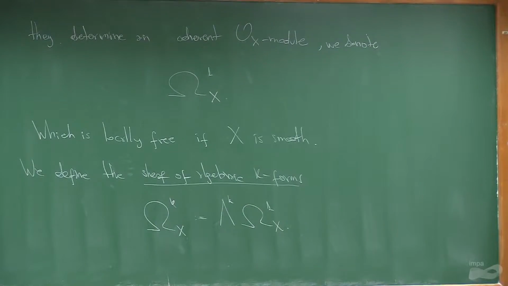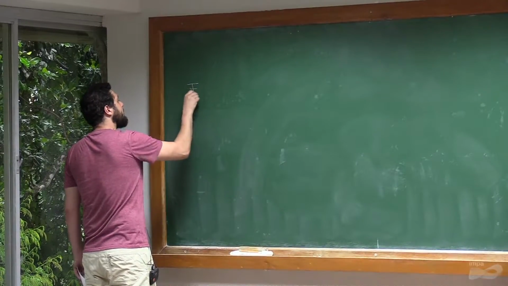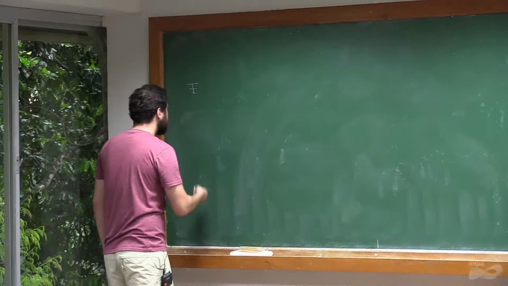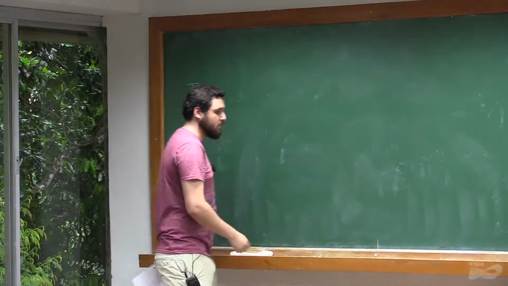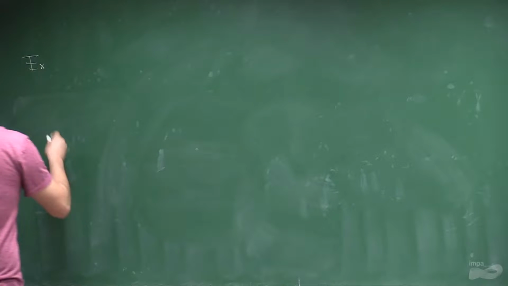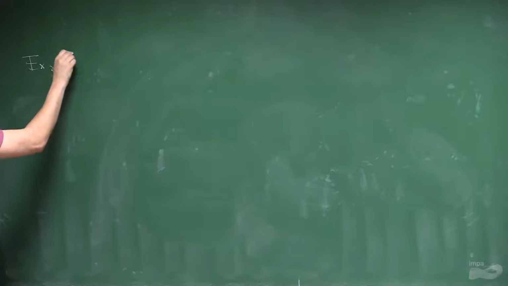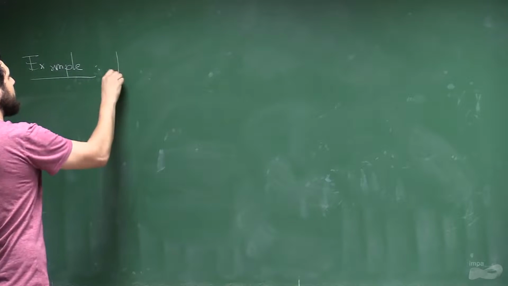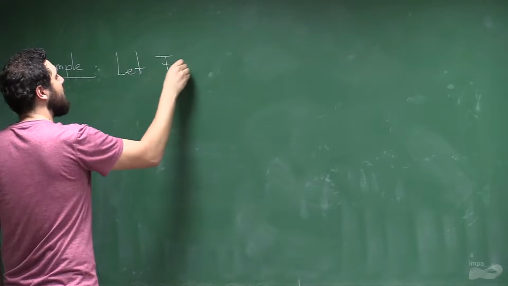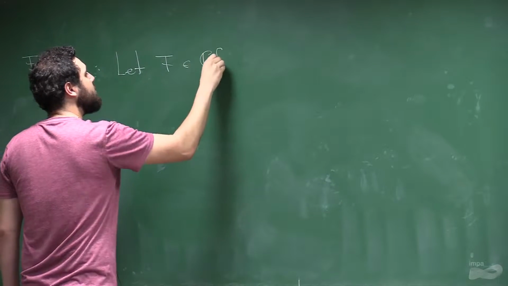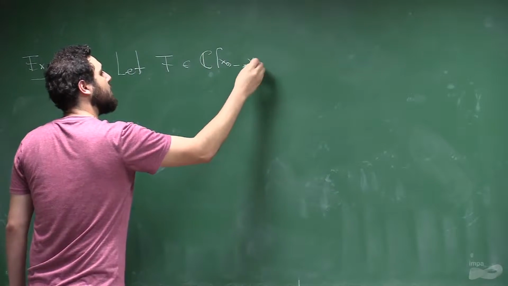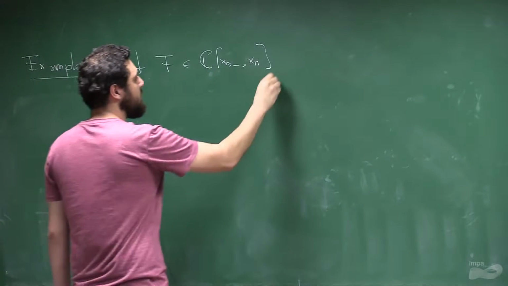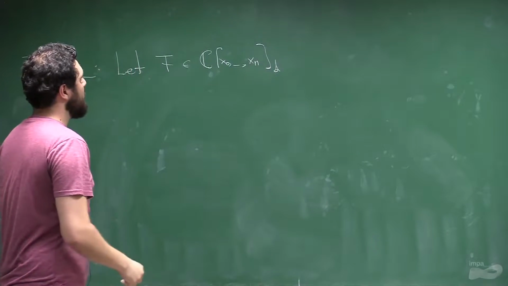Okay, so an example. Consider any polynomial. Let f be a homogeneous polynomial in n variables, of degree d, right?